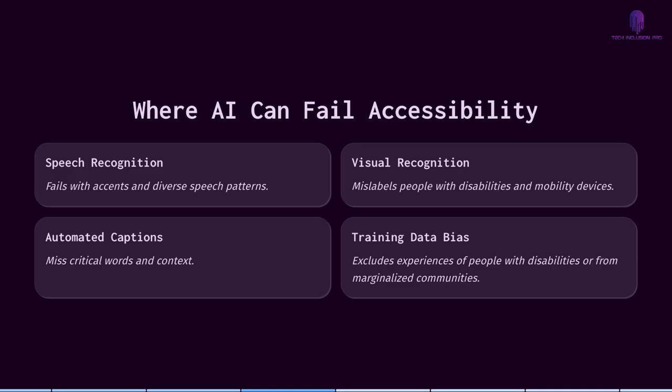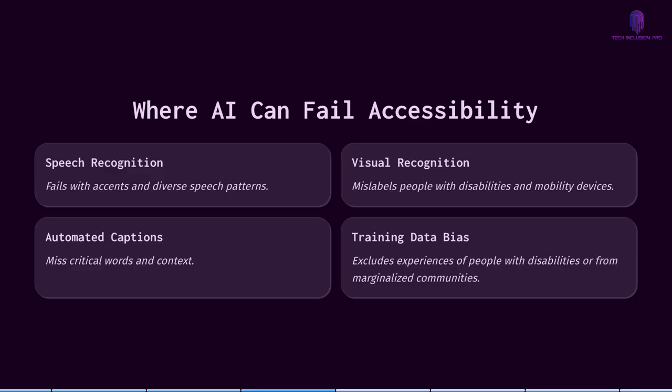So, where can AI fail within accessibility? Speech recognition, for example, fails sometimes with accents or other diverse speech patterns. You might say something that's not correct, and speech recognition won't pick it up. Automated captions are part of this, and you might miss critical words or contexts. With visual recognition, it might mislabel people with disabilities and mobility devices or not portray things accurately.